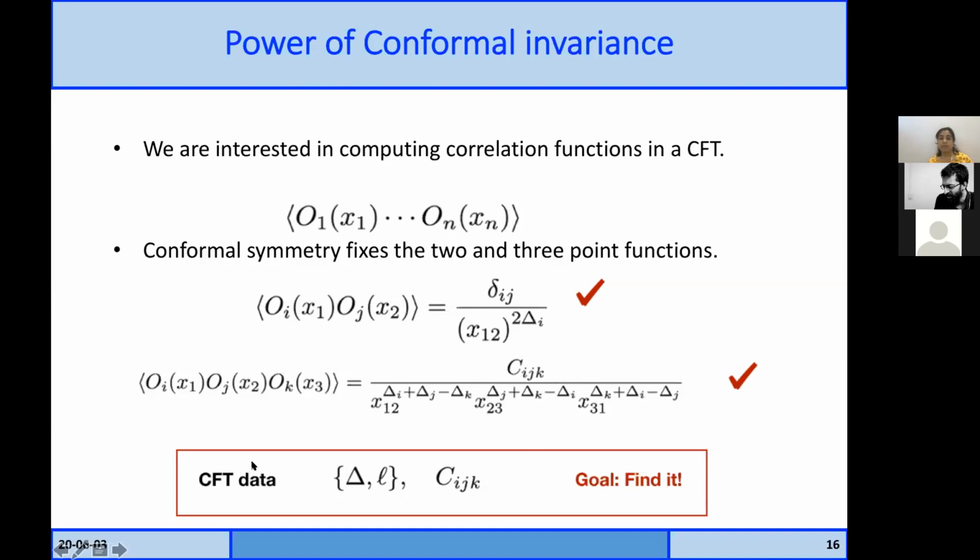So we will call the dimension and the OPE coefficient the CFT data. So the goal of any conformal field theory is to compute the CFT data. So if you can compute all the operator dimensions and the OPE coefficients, you know the CFT, you can fix the CFT completely.